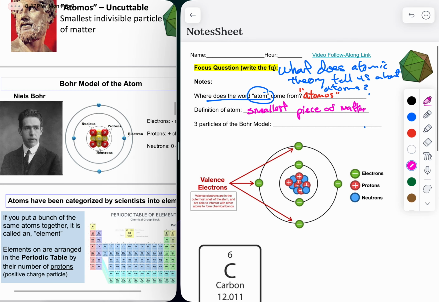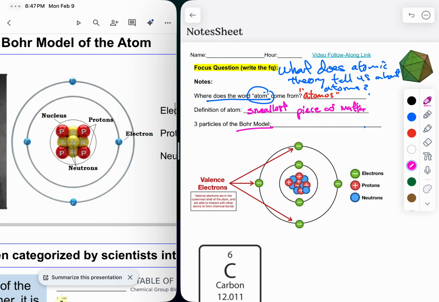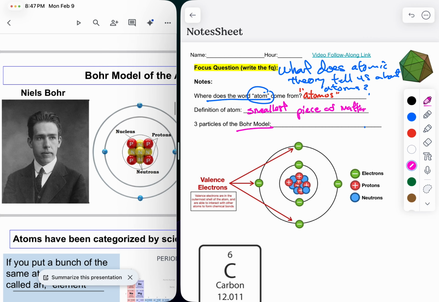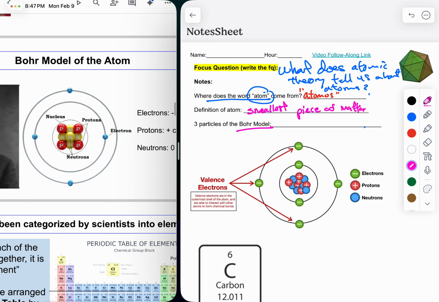Now you might know about the Bohr model. You're very familiar with it. It looks like this. It comes from physicist Niels Bohr, and he has a lot of contributions. But you know of these three particles already: the proton, the electron, with a negative sign, and of course, there's one more: the neutron.